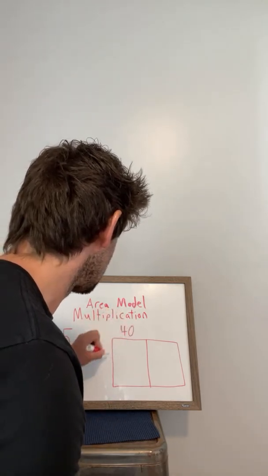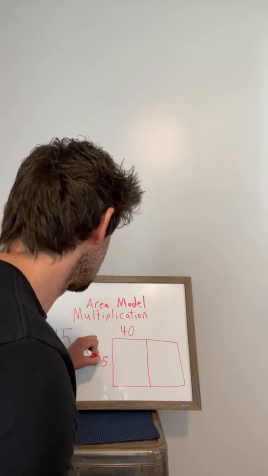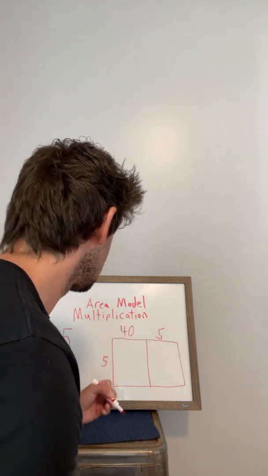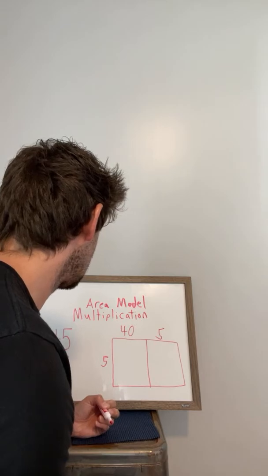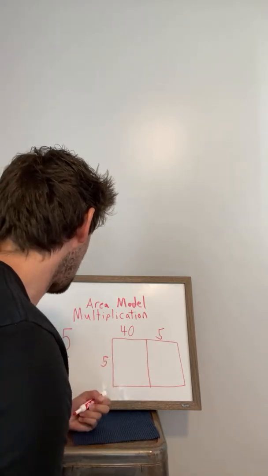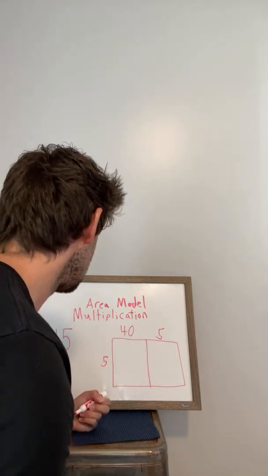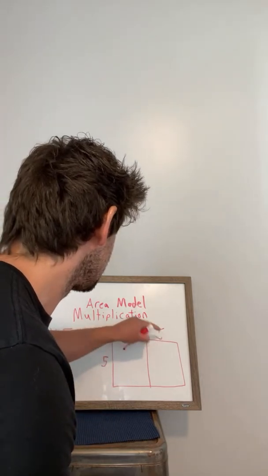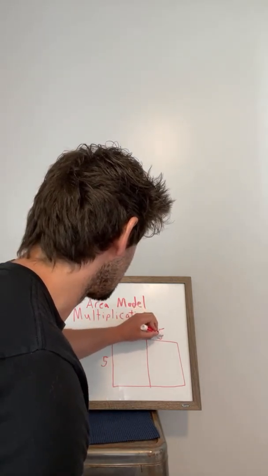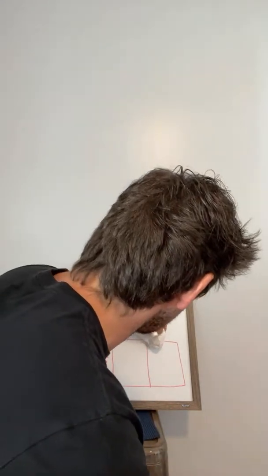I'm going to draw 4 here. So we have our boxes, find the area of each box, and then we add the areas together. I don't know why my 5's so sloppy. I gotta write my 5's a little neater.